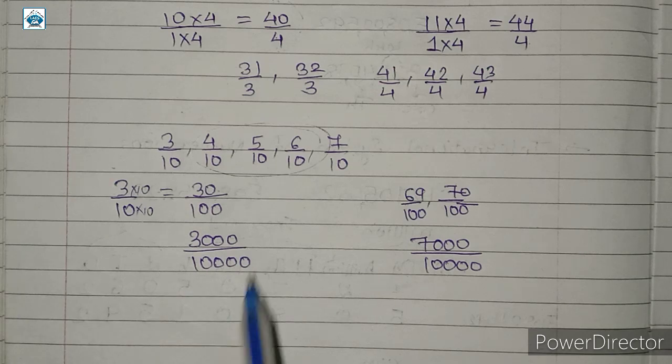So we can say that between these two rational numbers also we can find a lot more rational numbers. So what I am trying to say is, you will find that you get countless rational numbers between any two given rational numbers.